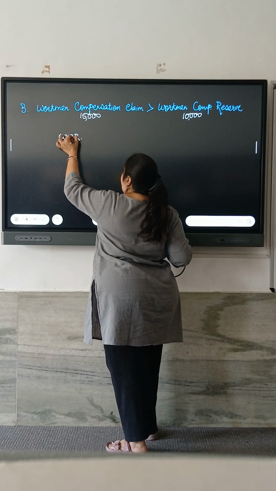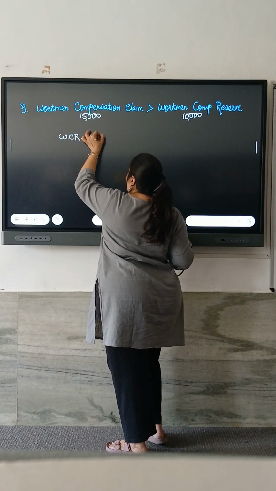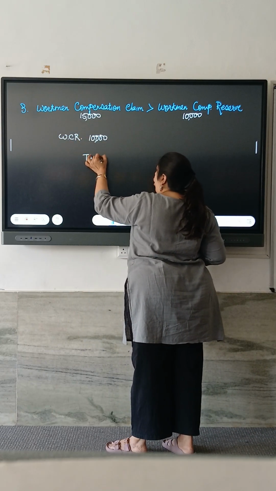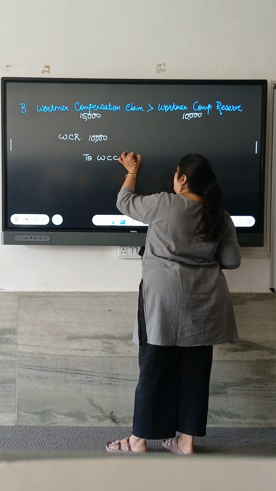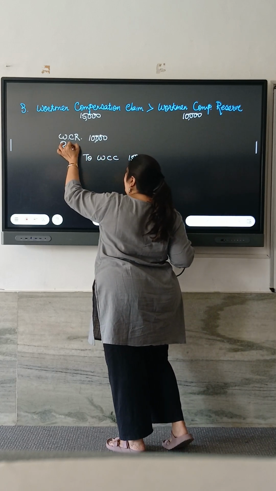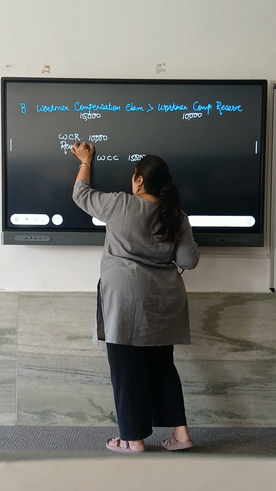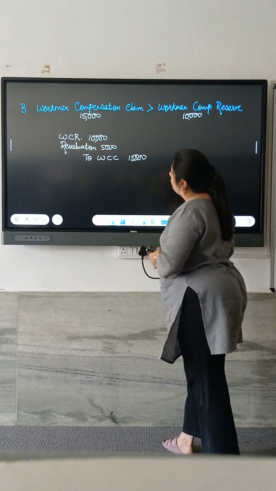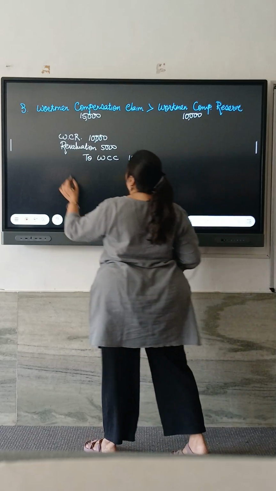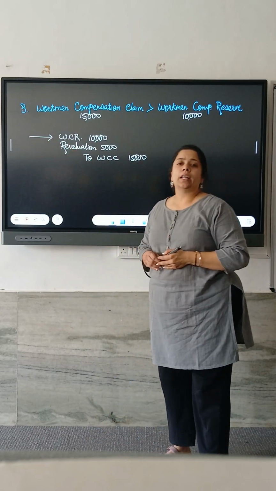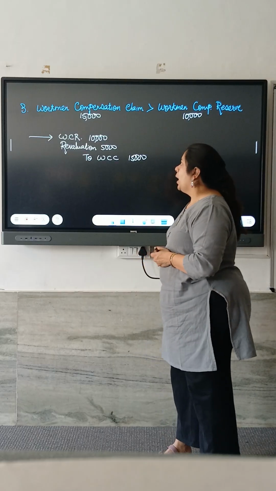You are going to utilize the entire 10,000 of reserve to pay a claim of 15,000, but at the same time you are going to suffer a loss in the revaluation account of 5,000. So this is the entry which you are going to pass when the claim amount is more than the reserve which you have created.